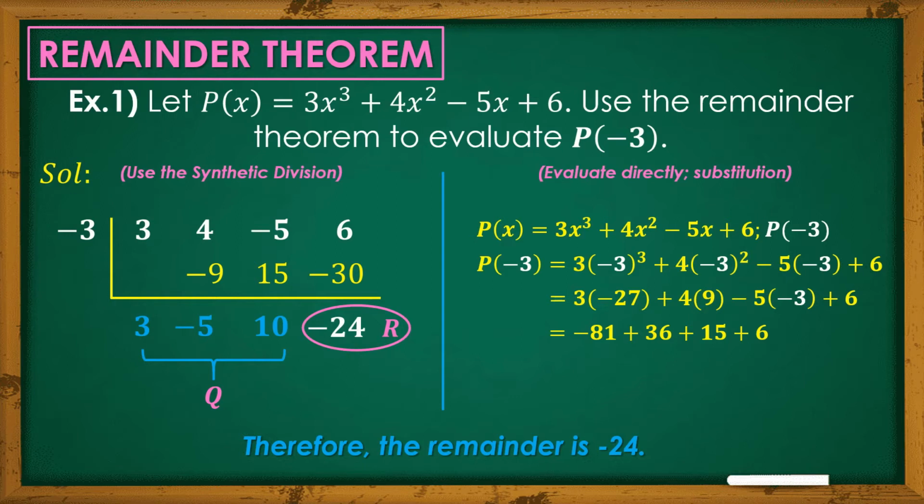And negative 5 times negative 3 is 15. And finally, p of negative 3 is equal to negative 24. We were able to get the remainder, which is also negative 24. Observe na we can use synthetic division or pwede nating i-evaluate directly through substitution para makuha natin ang remainder.